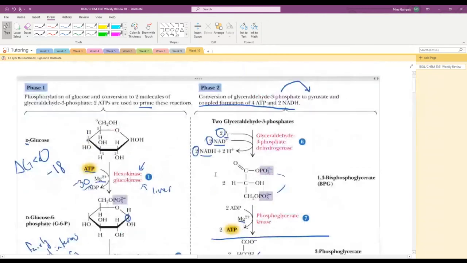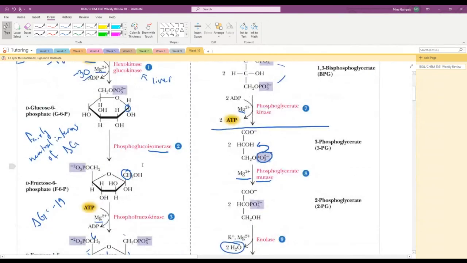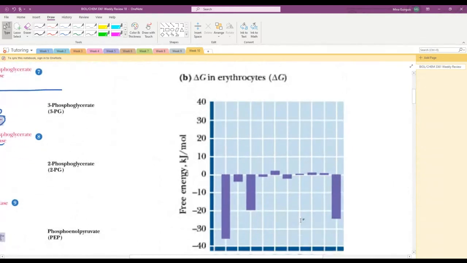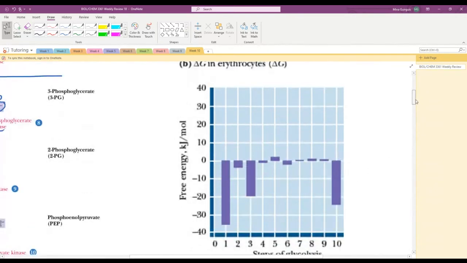Like I said with reaction 2, it's fairly neutral in terms of delta G, meaning it's mostly going to be driven by concentration. And that's why this graph over here, I cut it off, because this shows the quote-unquote 11th reaction, which is the reaction of pyruvate into lactate under anaerobic conditions. We'll talk about that later today. These are just the first 10 reactions and just the essentials of glycolysis.